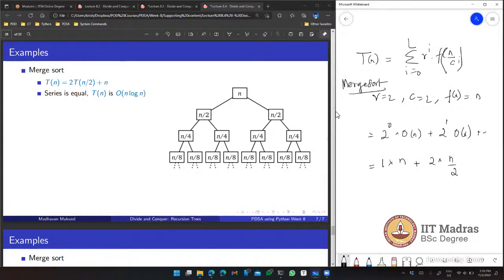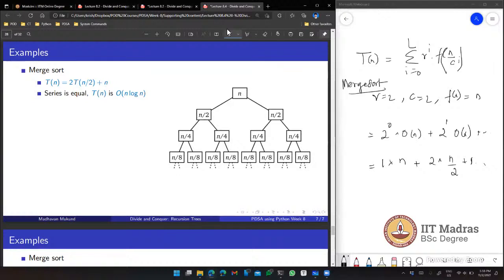If it's split into 2, the cost of each iteration will be n by 2, so again 2 times that. Next it will be n by 4, and this n by 2.